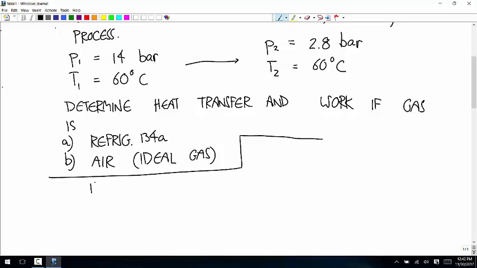We know that the first law says, well, we don't know anything about the internal energy. So the change in internal energy is equal to the heat added minus the work done. This is a closed system.